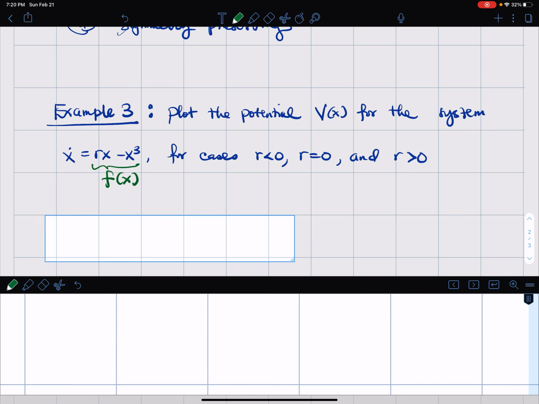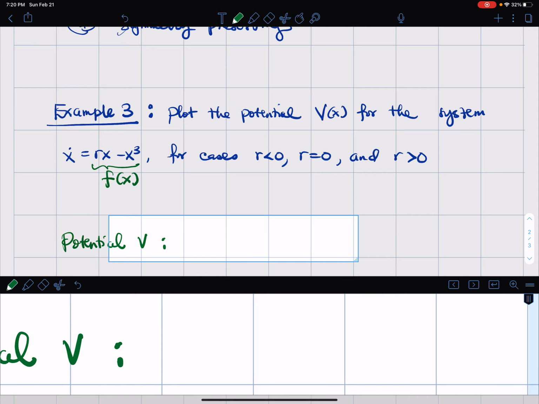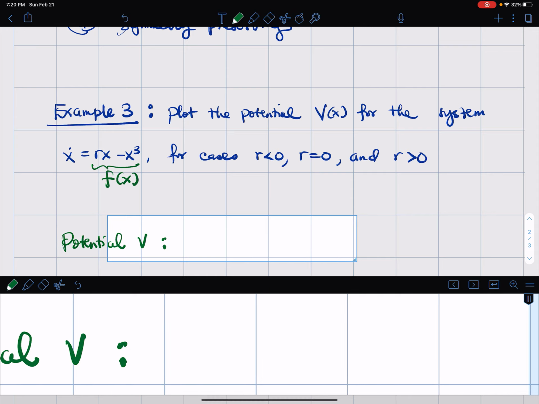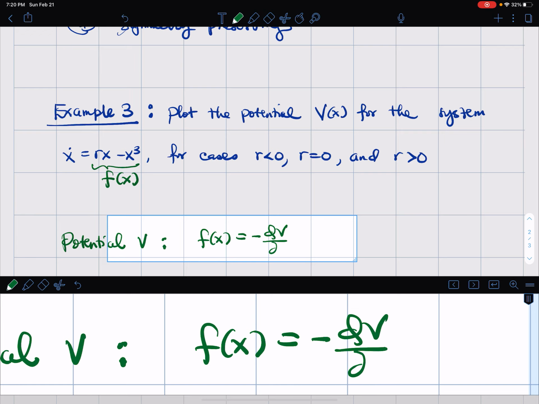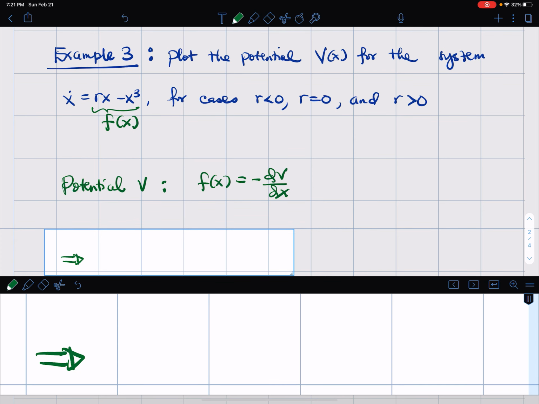And for the potential V, we get it by setting f of x equal to negative dV dx.